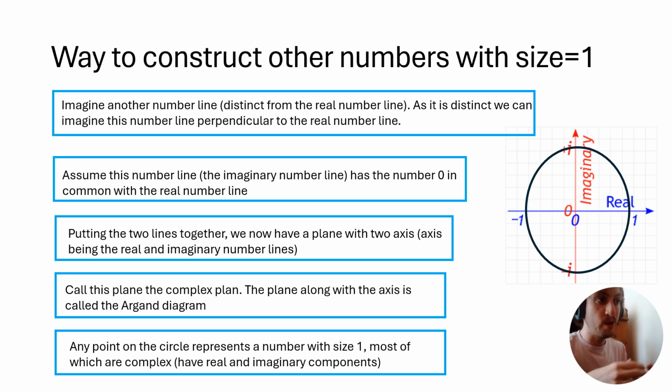So we now actually have, in the complex plane, an infinite number of numbers which have a size equal to 1. And we call these unit complex numbers, and they're very important in quantum mechanics, and they're also very useful in classical physics.